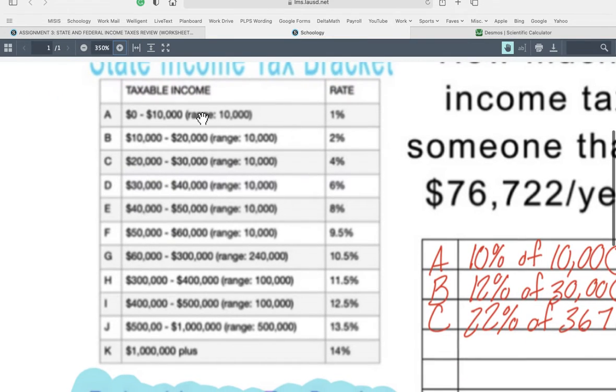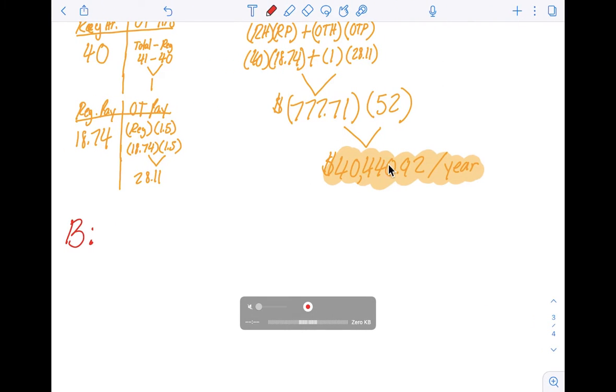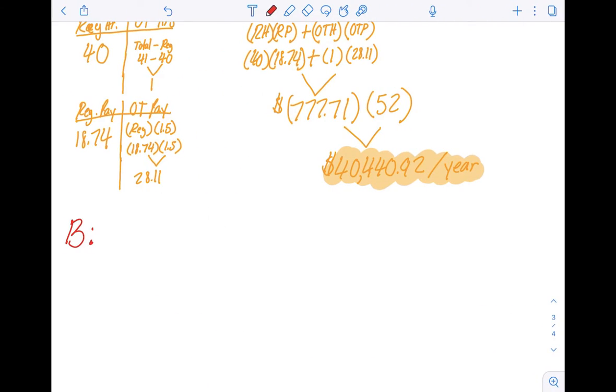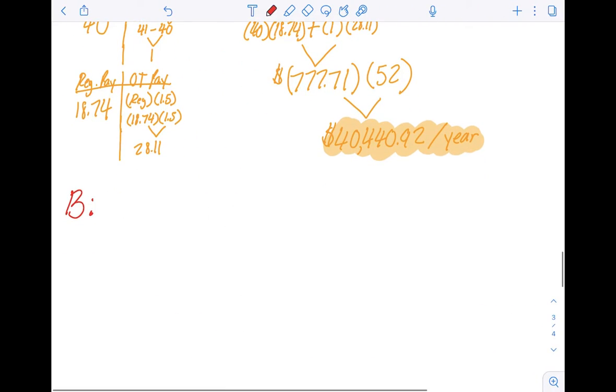And we're going to look back at how much he made: 40,440. 40,440 lands on E, between 40 and 50,000. So I'm going to go A, B, C, D, E. Just like that.